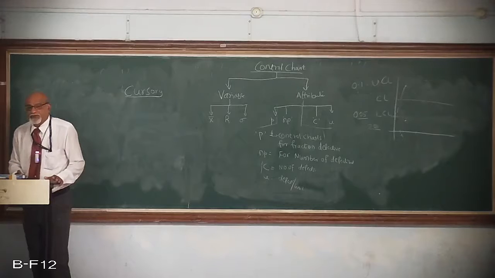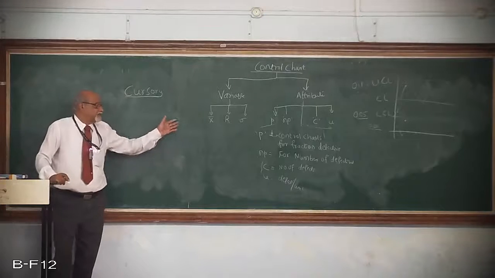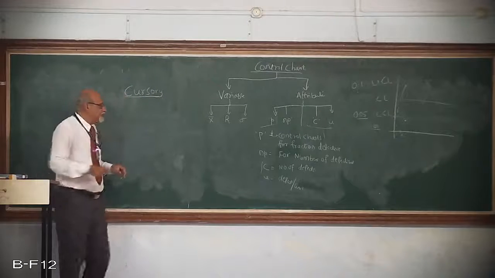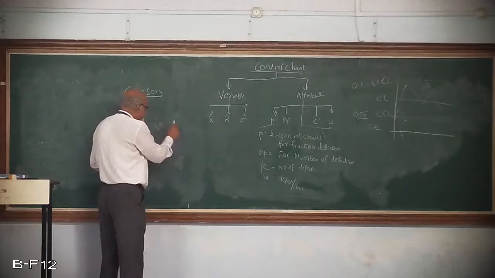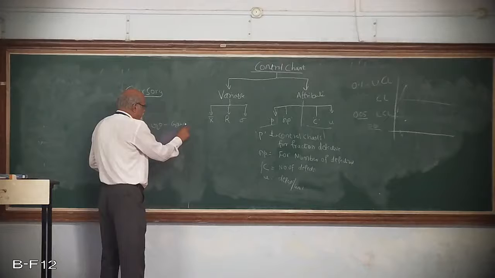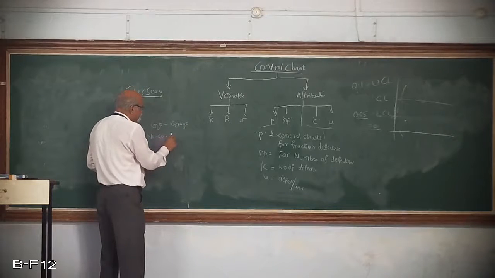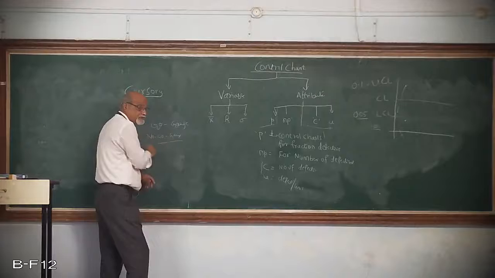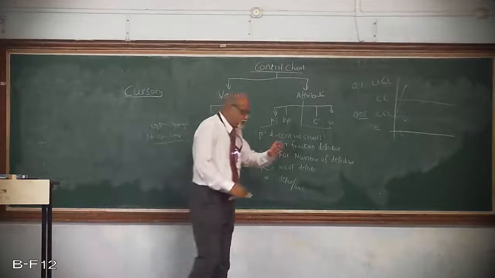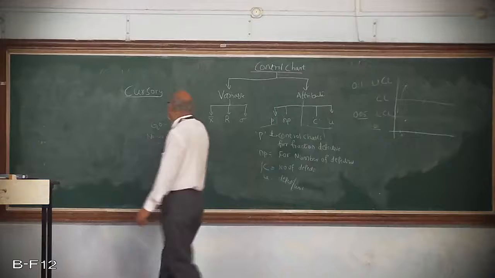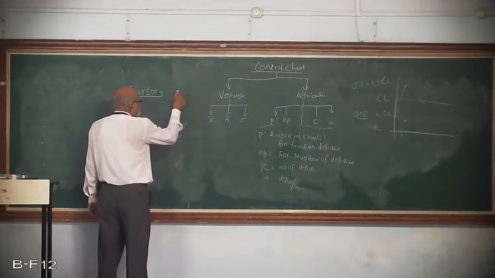So actually we will not measure in mass manufacturing. Actually the lengths will not be measured. We will be using go gauge and no go gauge. Actual measurements are not there. It has to be between these two limits. I'll take, for example, a diameter.